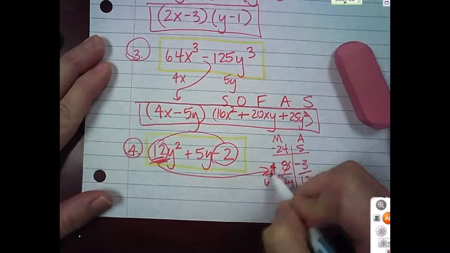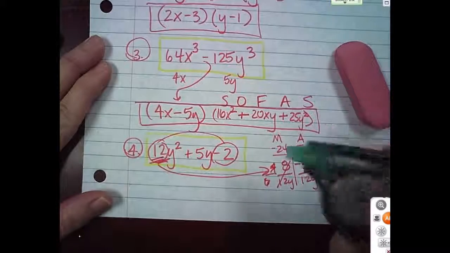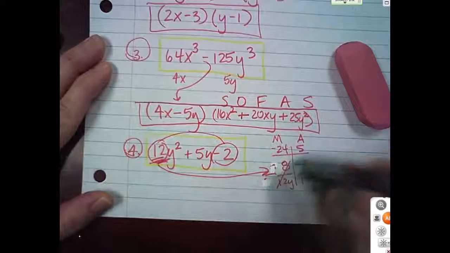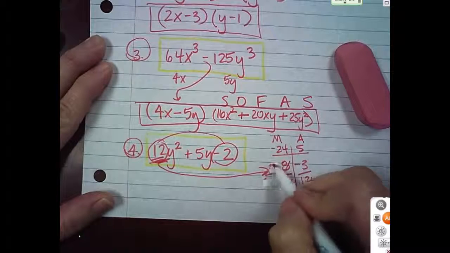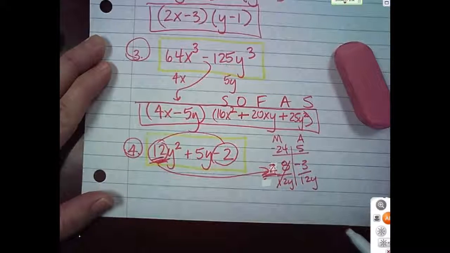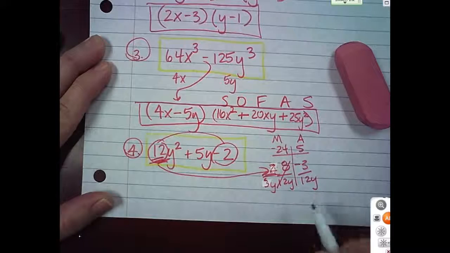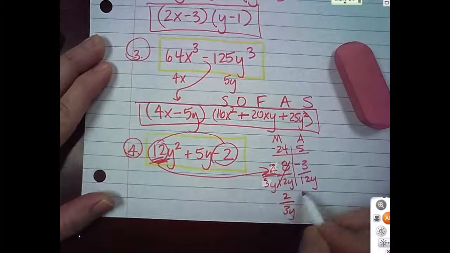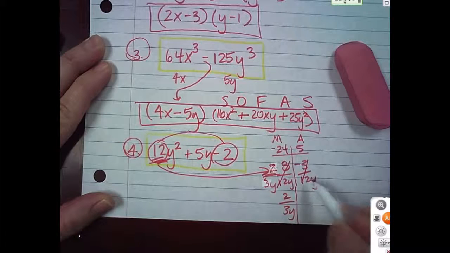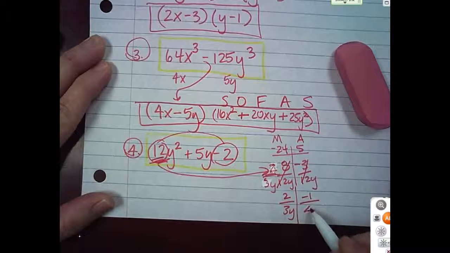Now, 4 fits into both of these, giving us 2 over 3y. And then here, 3 fits into both, giving you negative 1 over 4y.